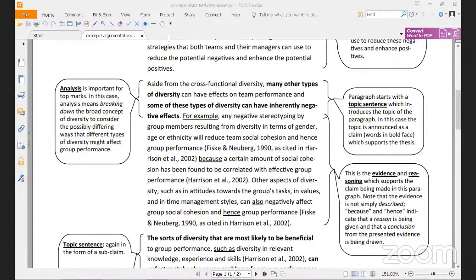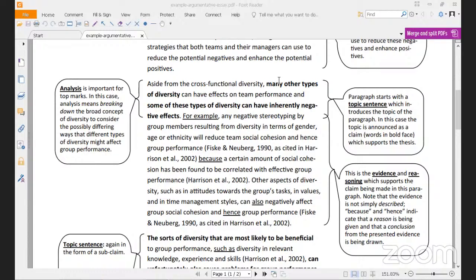For example, any negative stereotyping by group members resulting from diversity in terms of gender, age, or ethnicity will reduce team social cohesion and hence group performance, because a certain amount of social cohesion has been found to be correlated with effective group performance.